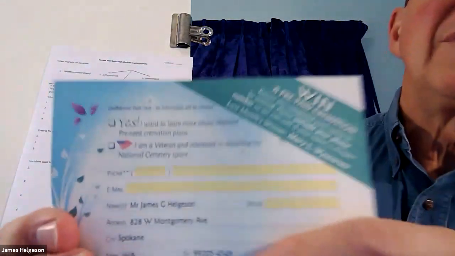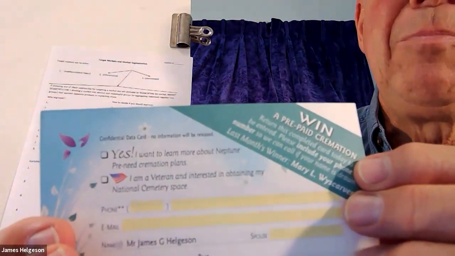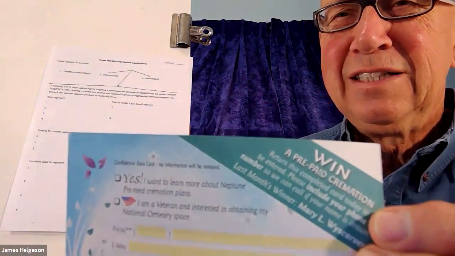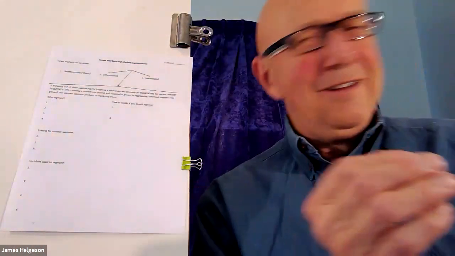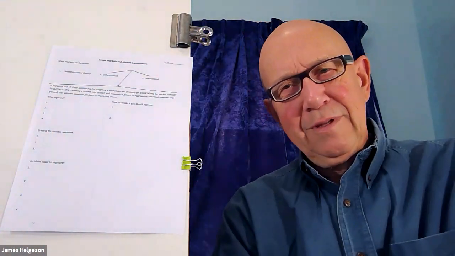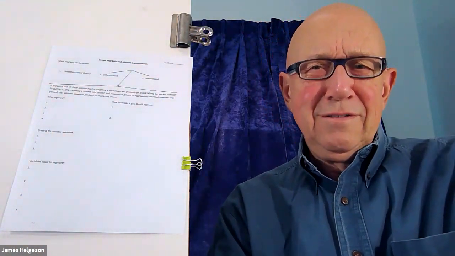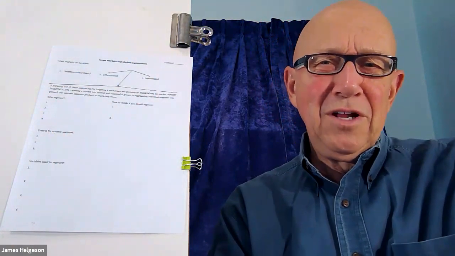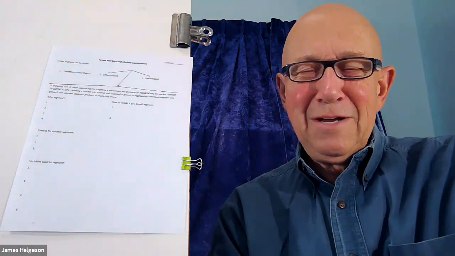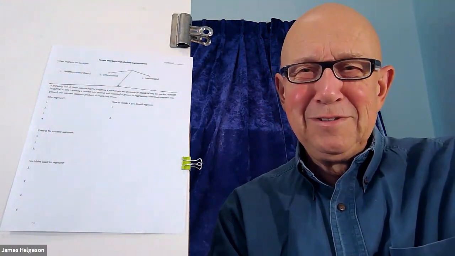Hey, but then I got real excited. Look what I could win. I could win a prepaid... Is that for me? You probably didn't get one of those in the mail, right? I was segmented because I got one foot on the banana peel and the other one, God knows.